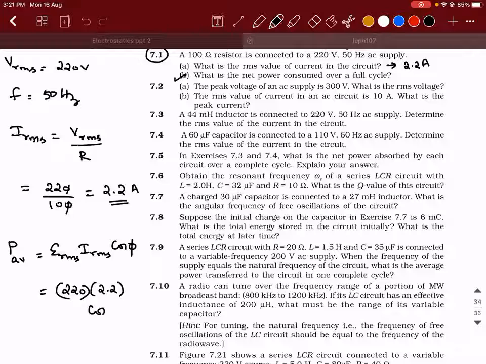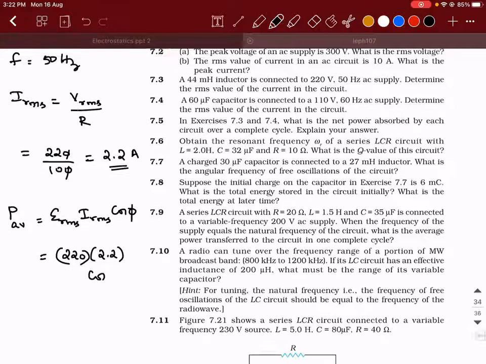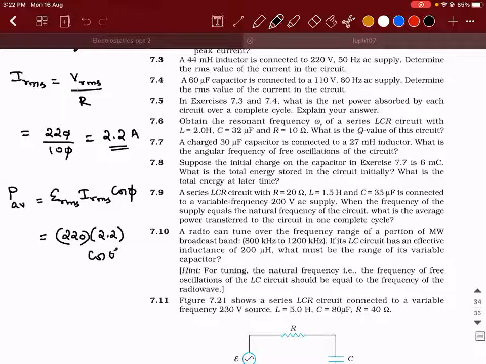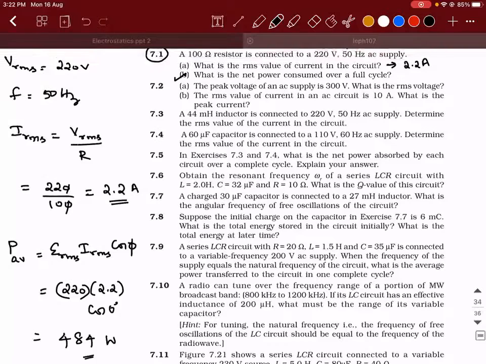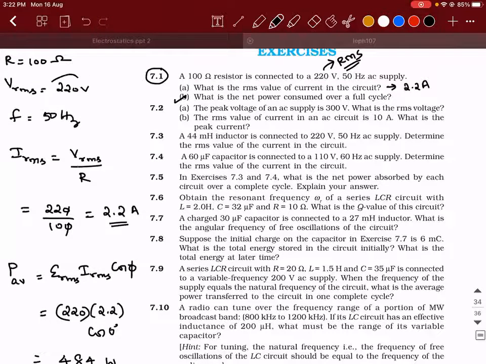Cos of 0 degrees. So it will be 484 watt. So the average power consumed in a full cycle is given as 484 watt. Sir, ERMS and VRMS are both same, sir? ERMS in this problem is 220.